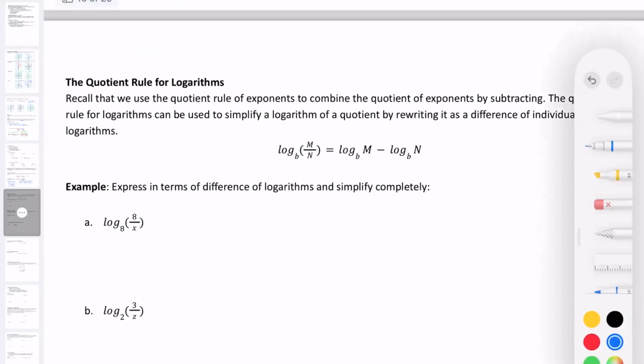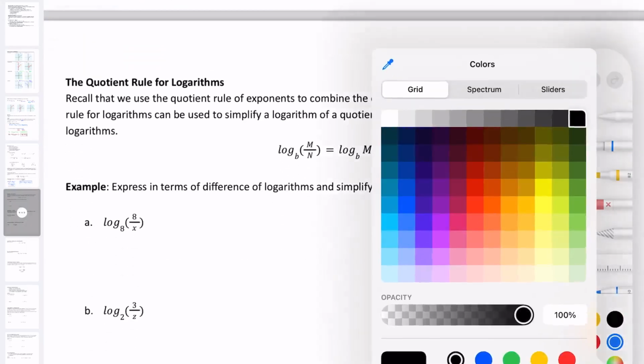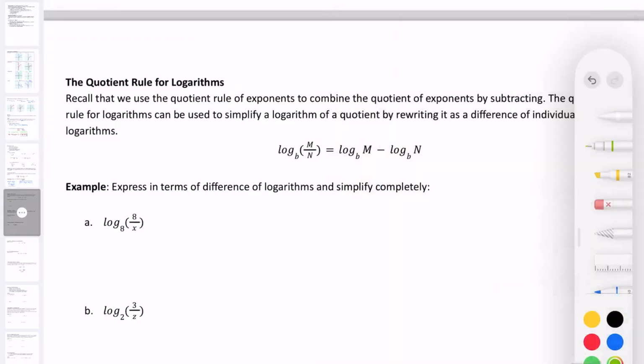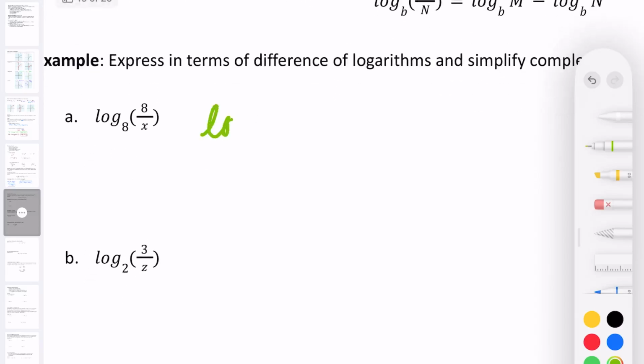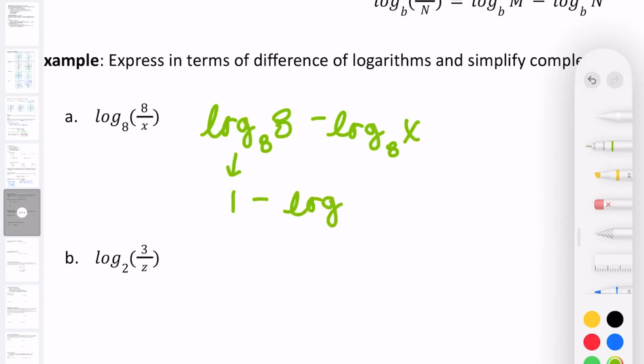The quotient rule works very similar to the exponential quotient rule. So now you'll notice that when two terms are being subtracted, we can rewrite them as division inside the logarithm. Let's go ahead and do that with this next example. We're going to have log base 8 of 8 minus log base 8 of x, keeping in mind again that this first term will simplify to 1.